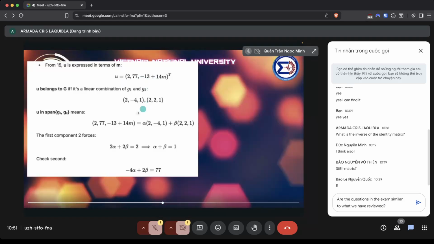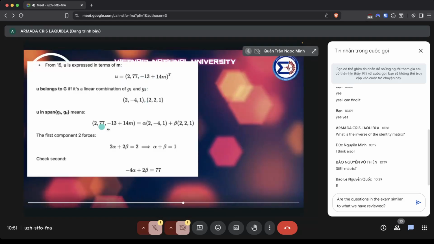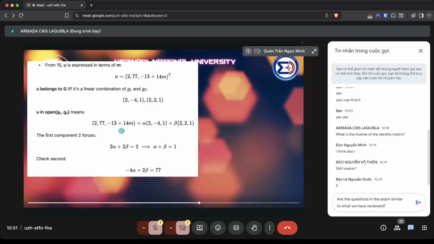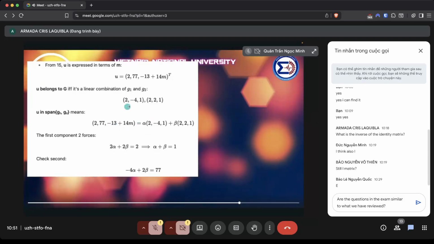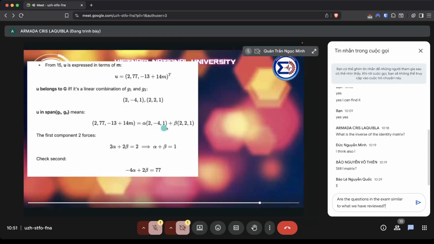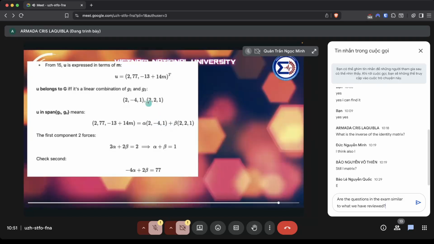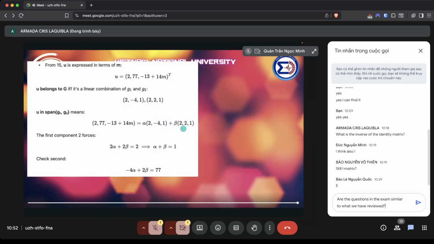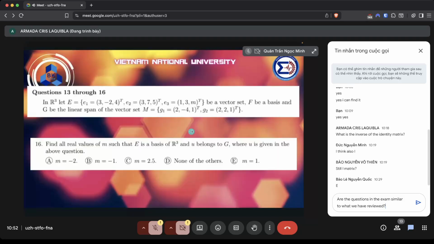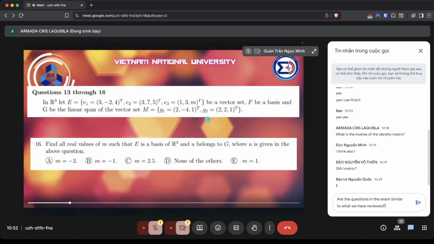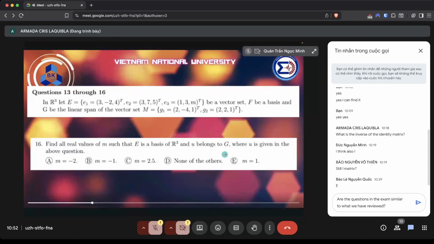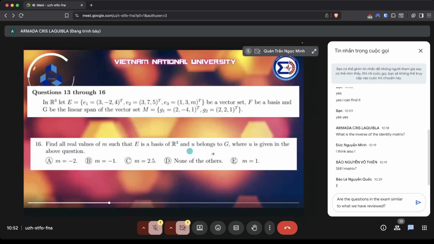Okay. So you have this 2, 77, -13 plus 14M is equal to alpha times your 2, -4, 1, plus you multiply this with beta, beta 2, 2, 1. So we use the vectors here in your G1, G2. Your U belongs to G.